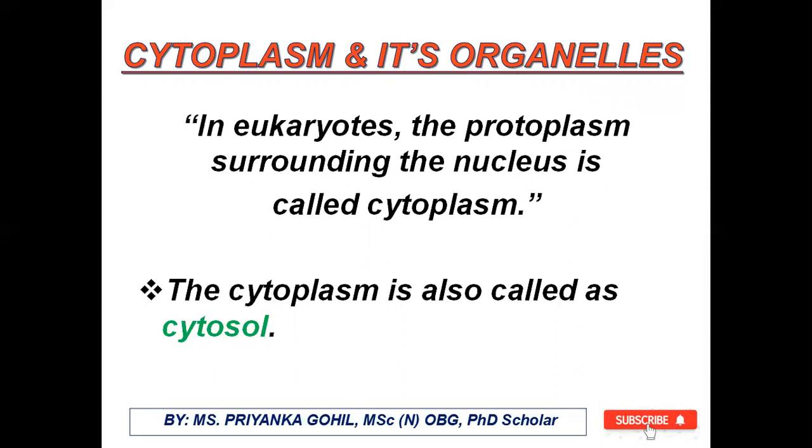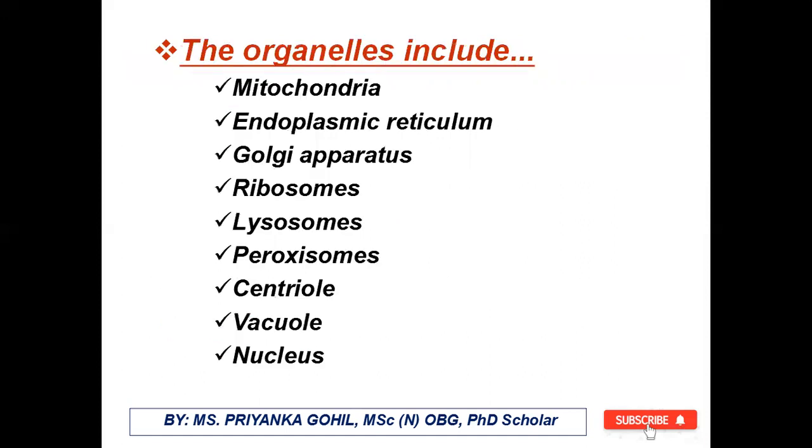Now, this cytoplasm is the seat for many pathways like glycolysis and HMP pathway, that means the hexose monophosphate pathway. Now, the cytoplasm is also called cytosol. Now, this cytosol contains well-organized structures that are called the organelles.